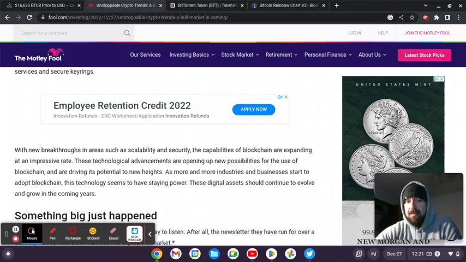Goldman Sachs, JP Morgan, those kind of financial institutions, they've been buying Bitcoin since 2011, I believe. You can look it up on the SEC. The SEC has all of that on their website.